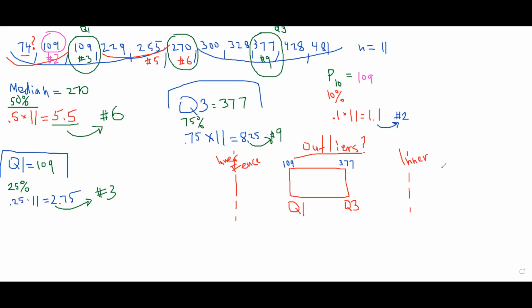So all sample elements must be within those two so-called inside or inner fences. And of course, since we have an inner fence, then we also have an outer fence. So on the outside of it, we'll have the outer fence.